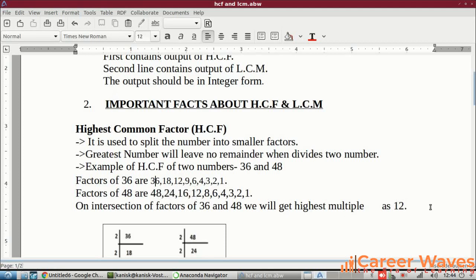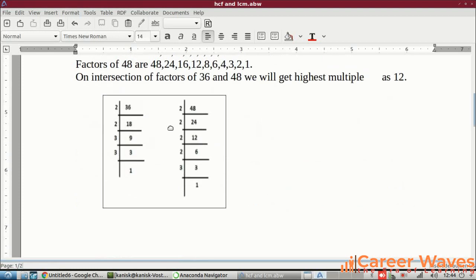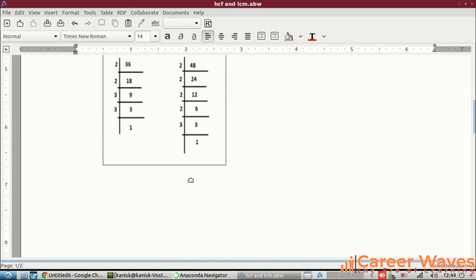Hence 12 will be the HCF for the numbers. Let's take the example of 36 and 48, and we have to calculate like this: for 36 up to we will get 1. Similarly for 48, the factors will be 2, 2, 2, 2 and 3.